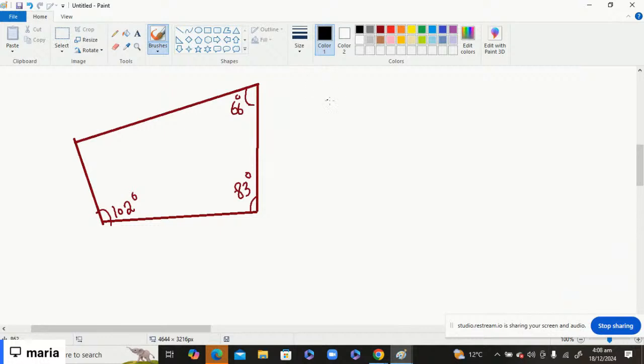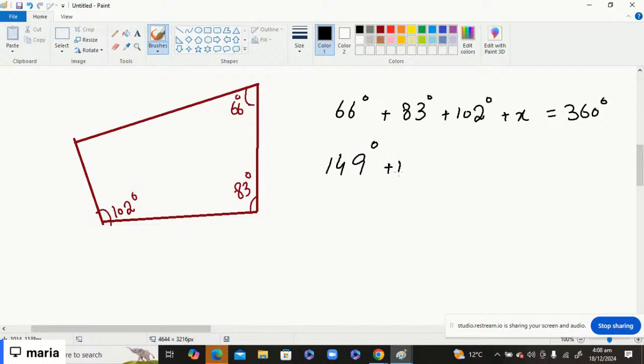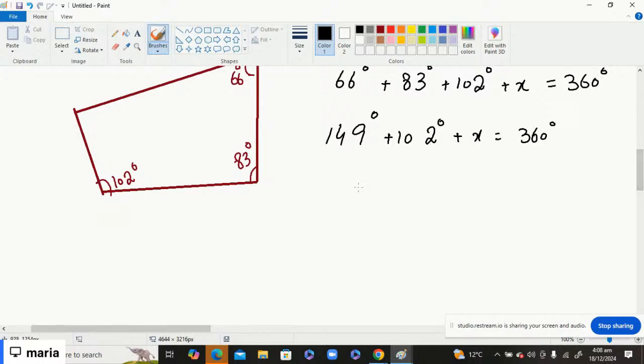This is the way: 66 degrees plus 83 degrees plus 102 degrees plus x is equal to 360 degrees in total. Now let's add: 149 degrees plus 102 degrees plus x equals 360 degrees. So 251 degrees plus x is equal to 360 degrees.